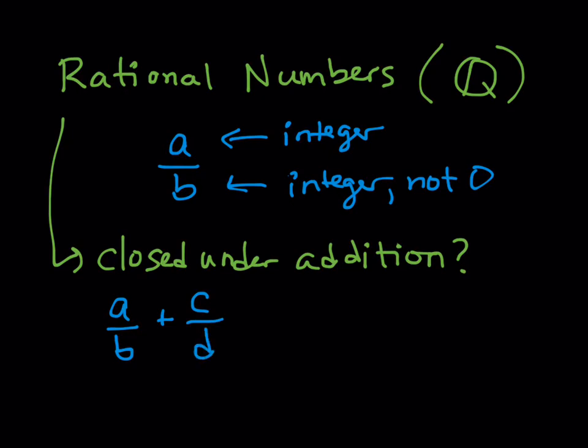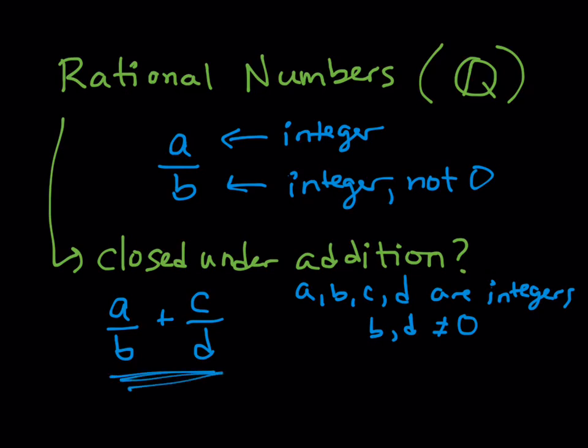Things I know: a, b, c, and d are all integers, and I also know that b and d are not equal to 0. That must be the case in order for me to even be talking about adding rational numbers. So then I want to see what happens when I add these.